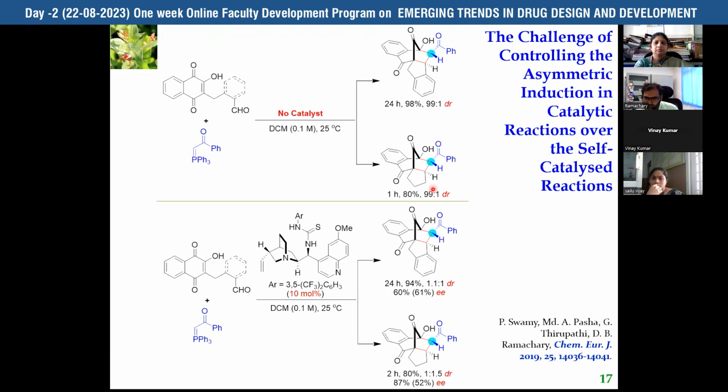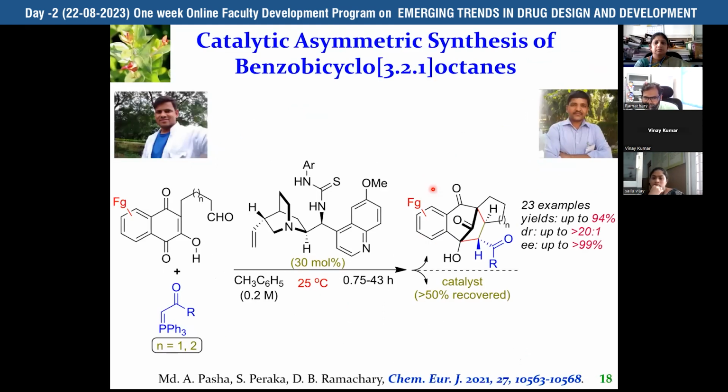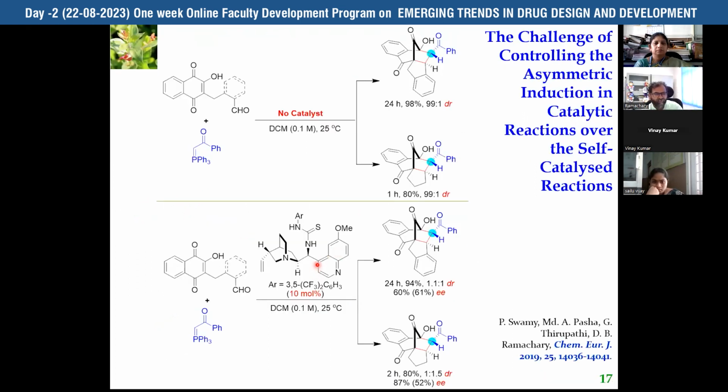Well, when we are developing this asymmetric reaction, we came across this: if you take the substrate like this aldehyde and add the Wittig phosphorane, then an olefin will form. Very interesting here.